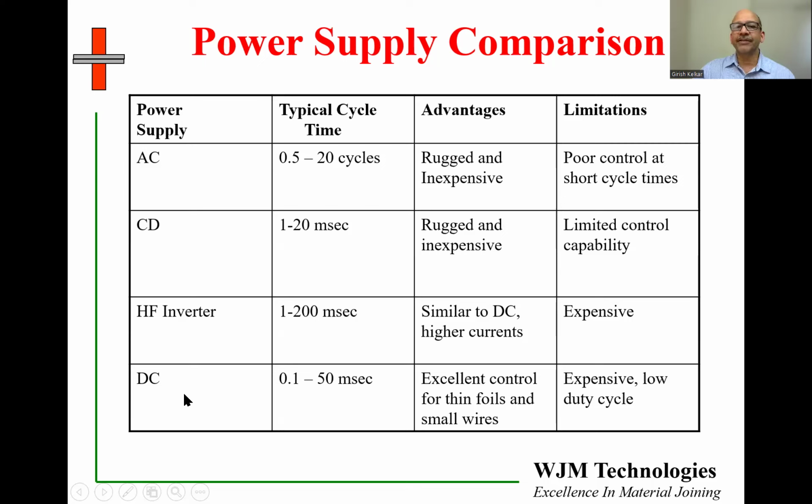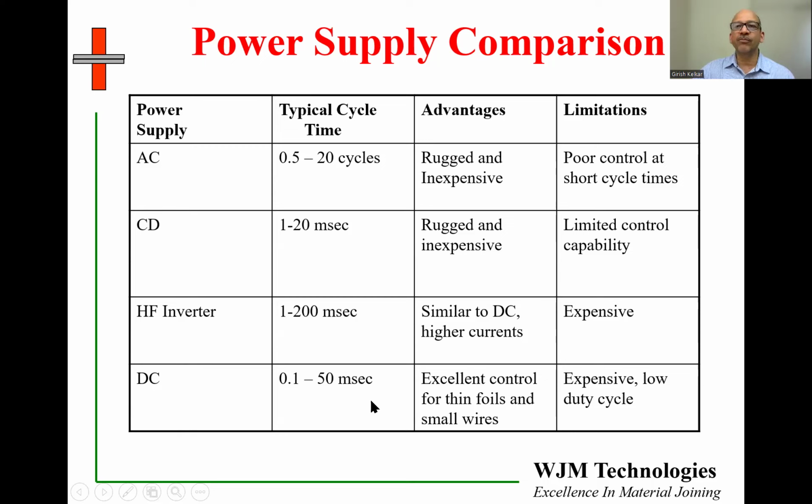DC or direct current is a very pure way of sending out the energy, very precise, controlled down to a few milliseconds, even perfectly controlled to a few amps. So usually 0.1 to 50 milliseconds, but I would say typically for medical devices would be of the order of 4 to 10 milliseconds. I have made welds with a DC power supply down to 25 amps.